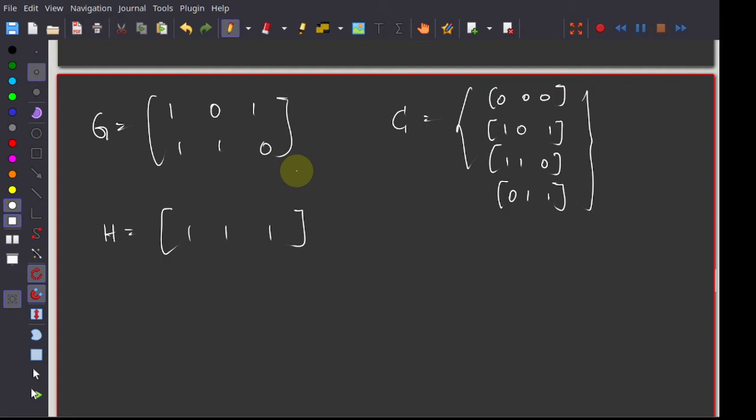You should also check that no other sequence which is not a code word gives you H times c transpose equal to 0.